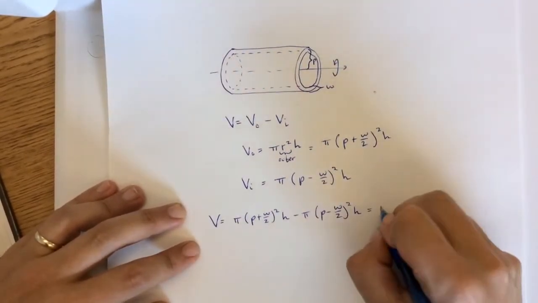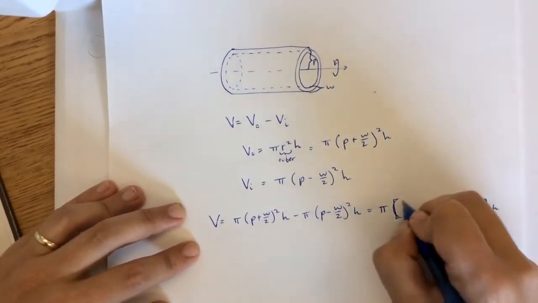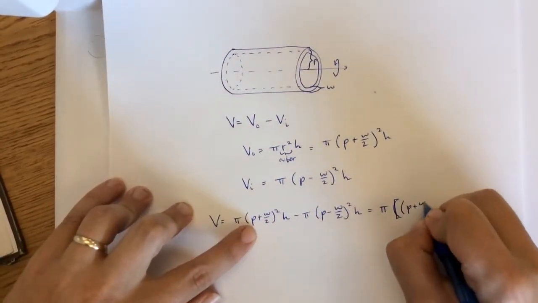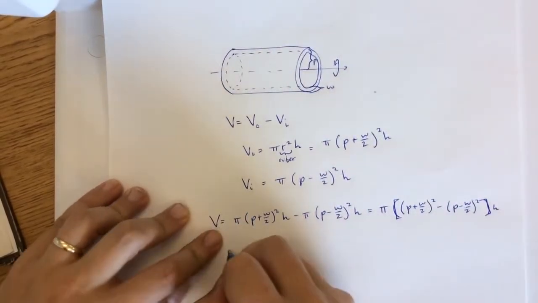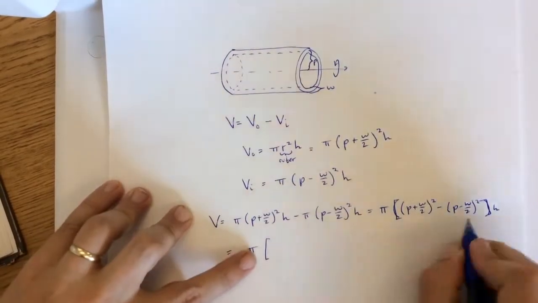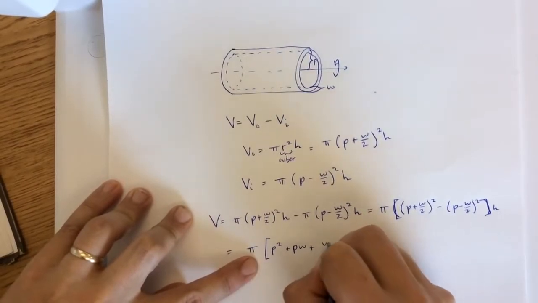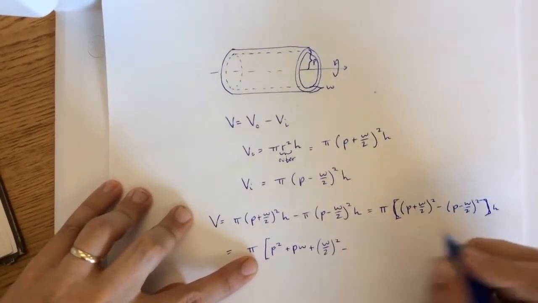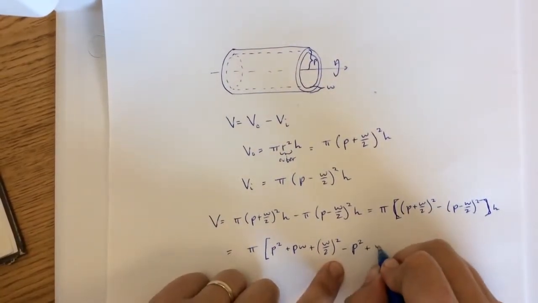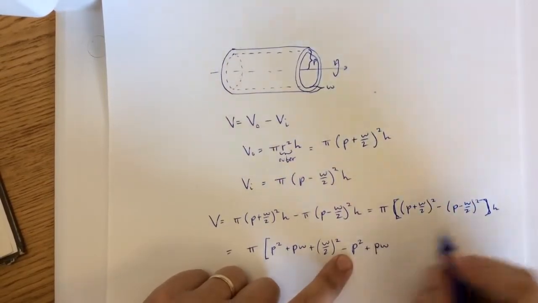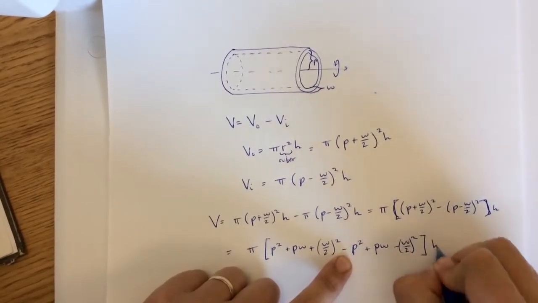Let's factor out the pi and the h, maybe make those brackets. Then we can simplify the inside by expanding those binomials. Okay, when we do that, we get pi times, let's just expand these, we get p squared plus pw plus w over 2 squared, minus p squared, and then minus a minus, so plus pw, and then minus a positive w over 2 squared, times h.